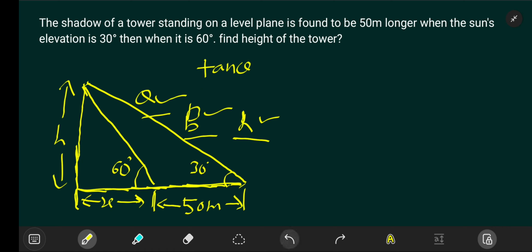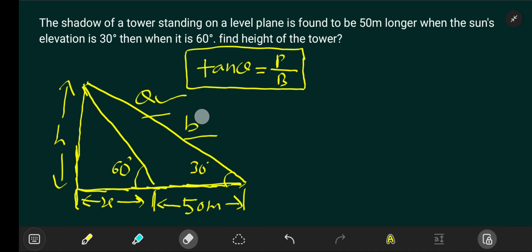Tan theta is equal to the perpendicular side upon the base. The perpendicular side we have assumed as height h. So these three values are present in tan theta. By seeing this given information, I chose tan theta as the trigonometric function. Now theta is equal to 60 degrees.